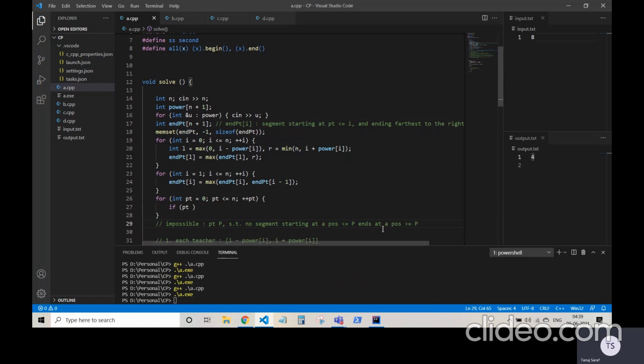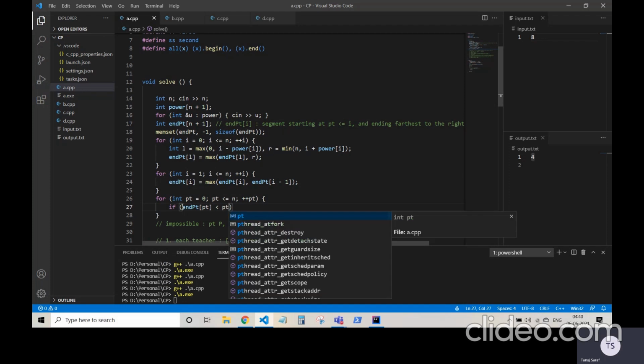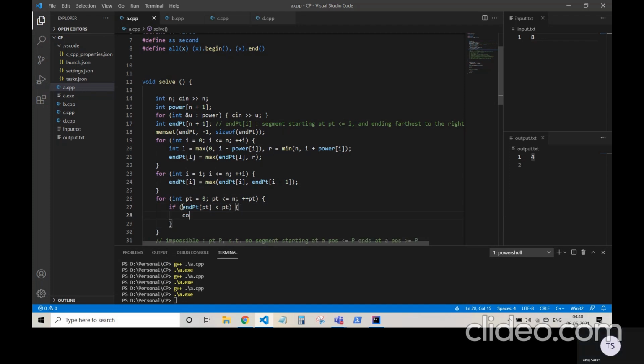So all we have to check is if the endpoint of this particular point is greater than or equal to P. If it is, then we are good to go. But if it is less than the point, then we know that the answer is not possible and we should print -1, and we can simply return from here.